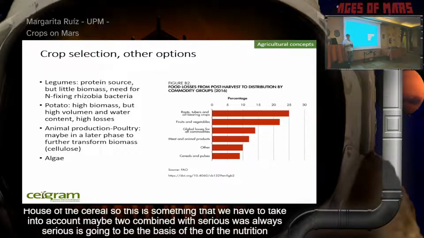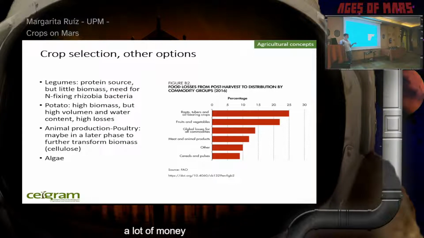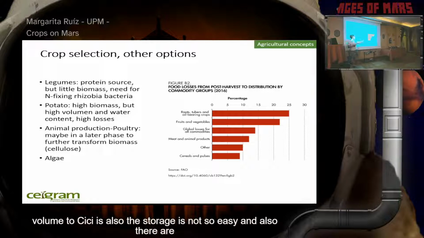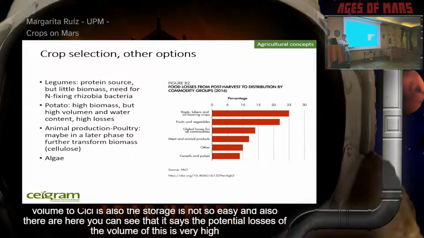Potato is also an interesting crop, because it produces a huge volume of biomass, but with a lot of water content. So the storage is not so easy, and here you can see that the potential losses of the biomass are very high, in contrast with cereals anyway.